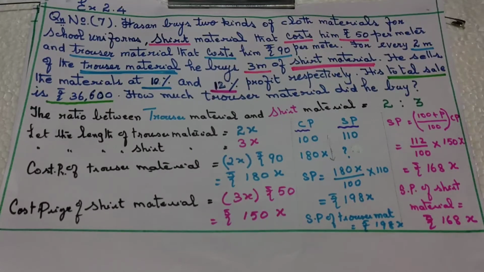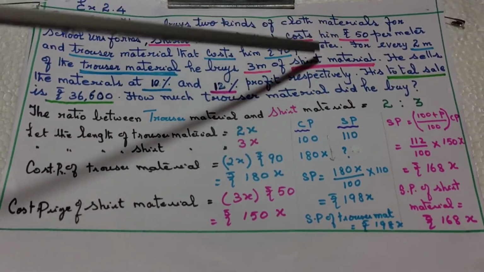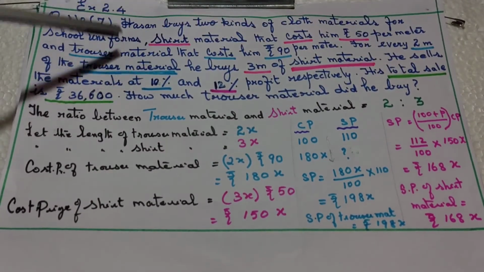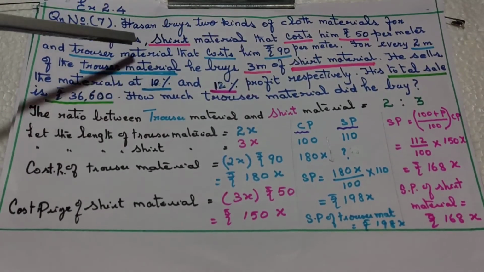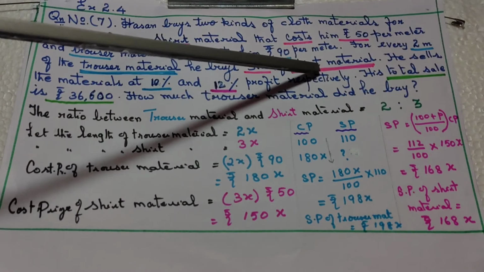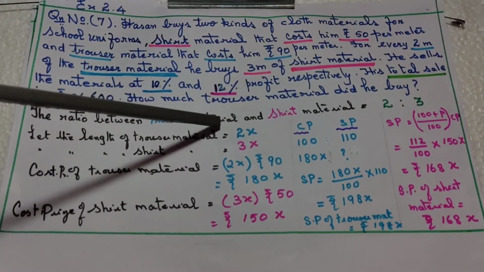Children, here you must be very careful in choosing the ratios. Here the statement is for every 2 meter of trouser material, he buys 3 meters of shirt material. So we are comparing trouser material with shirt material. So the same order we are taking 10% and 12%.